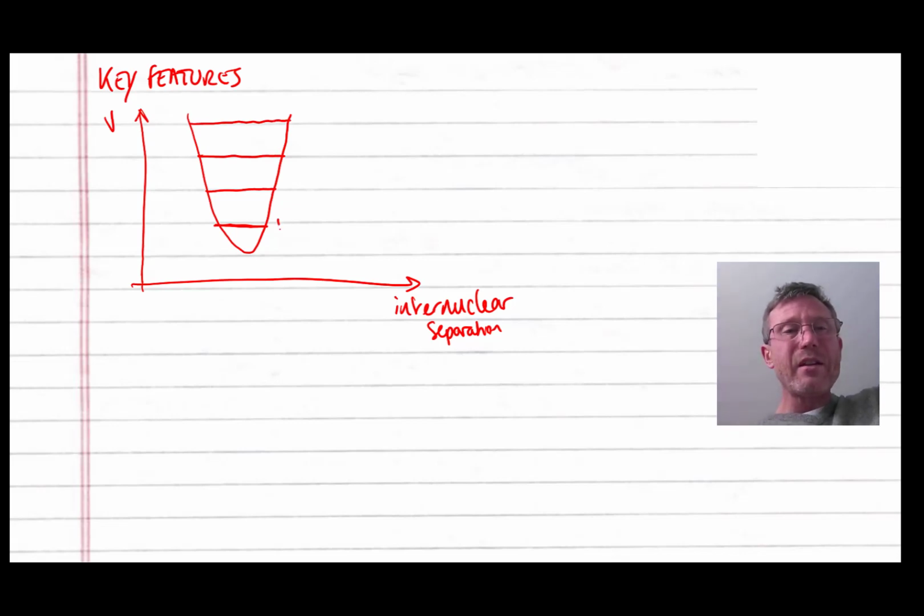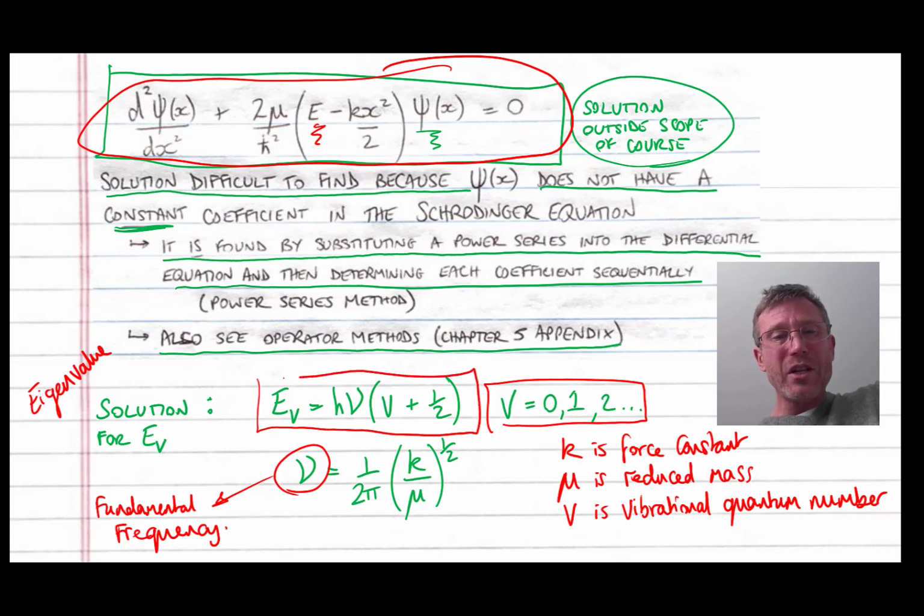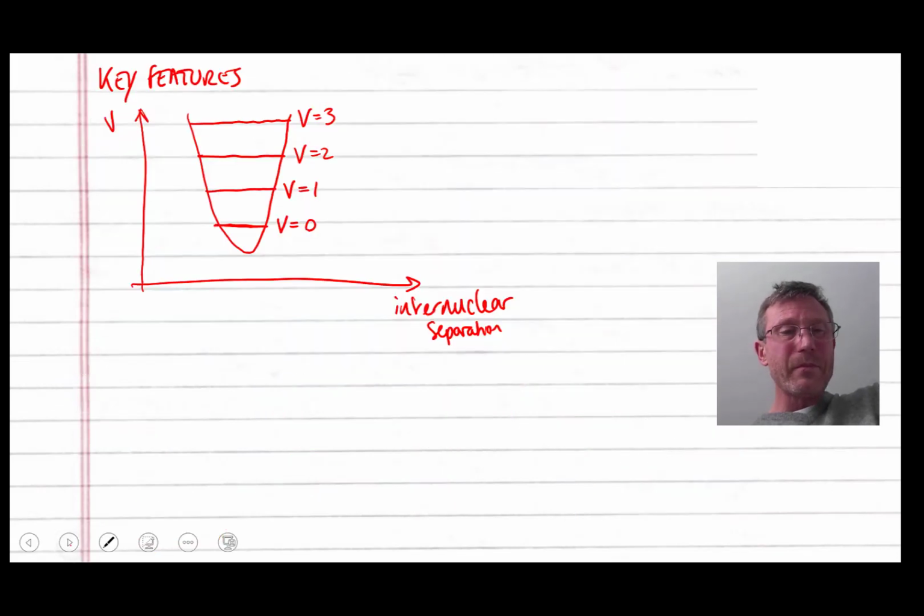So we have a V quantum number, V equals 0, V equals 1 in here, V equals 2, V equals 3, and so on. So where does this come from? So again, these are the quantum numbers. Here's the solution. So basically the energy goes up gradually. As we increase the value of V in here, it goes up by a step that is h nu. So these steps in here are all the same.